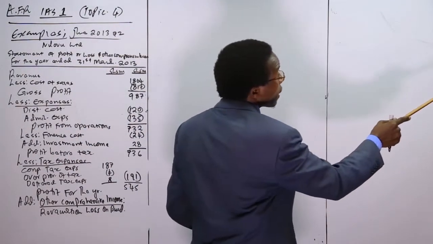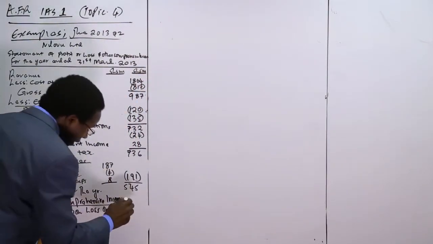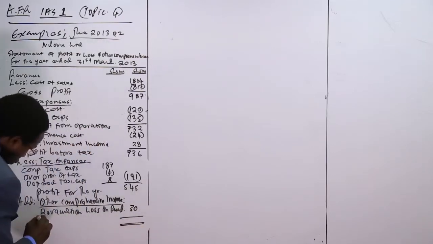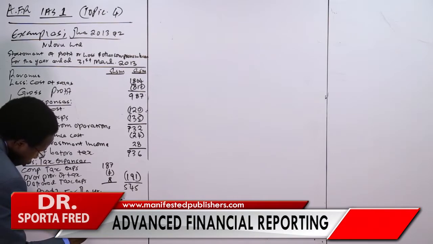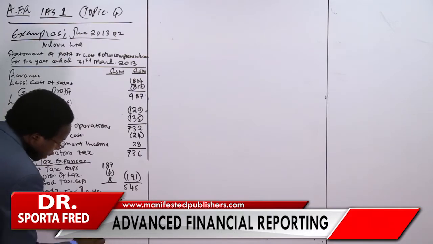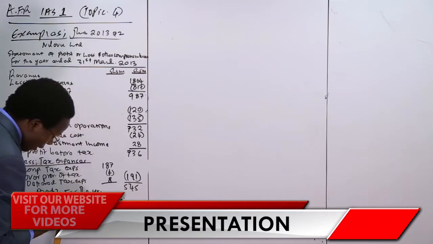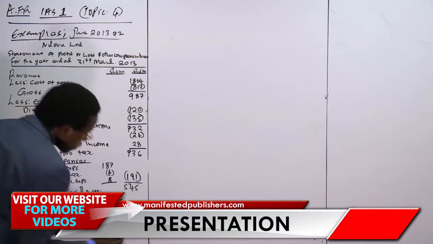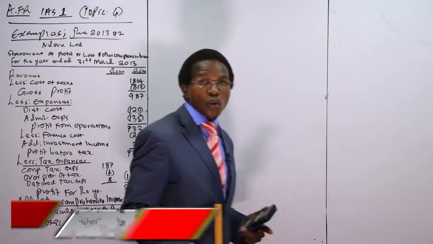Revaluation loss was the first item we identified, and you can see it was 30. So we can now get the total comprehensive income, and this was a loss, don't forget, and that would be 515. So that is the end of the statement of profit or loss, friends.